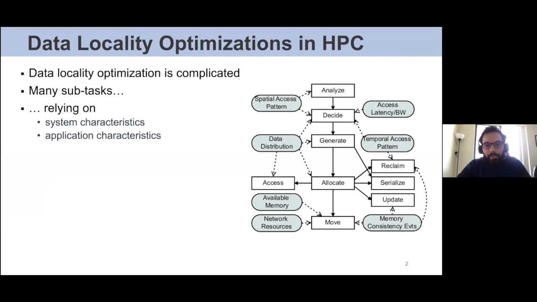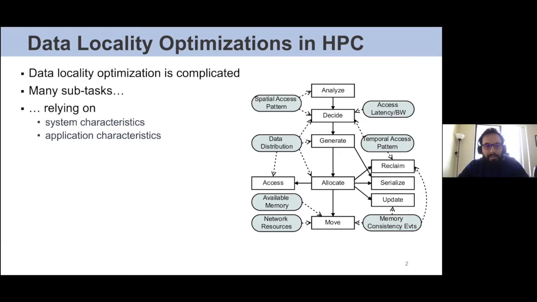I'll be mainly talking about communication aggregation or bulk communication, whatever you want to call it. You typically have to do many different tasks that rely on much information that you have or you don't have about the system and the application.